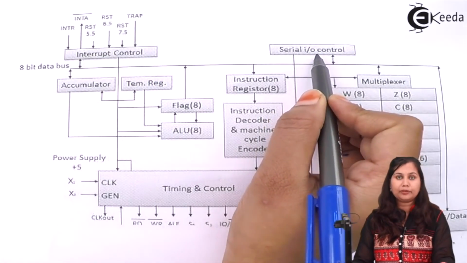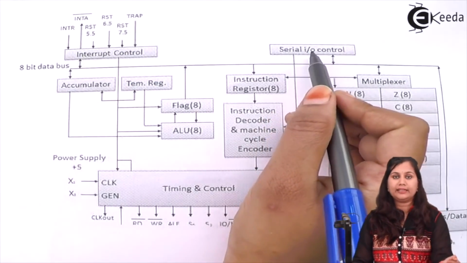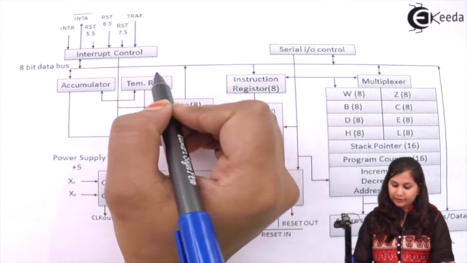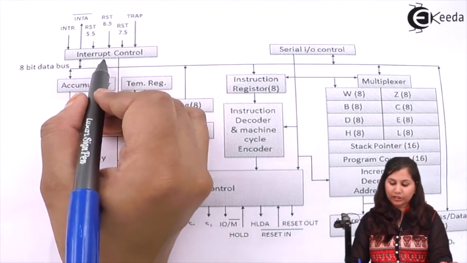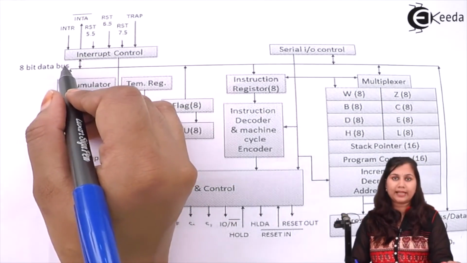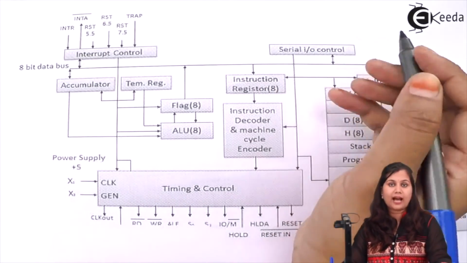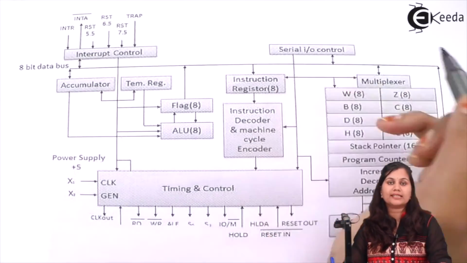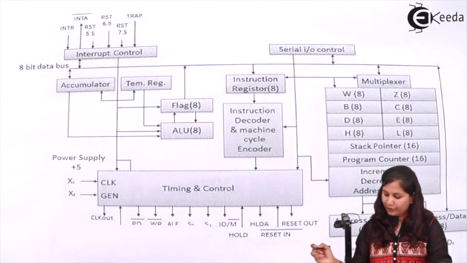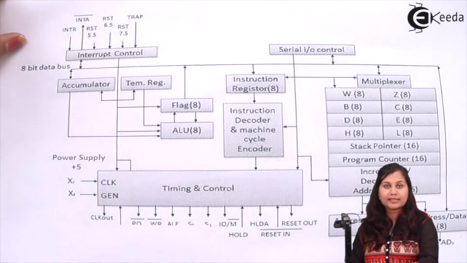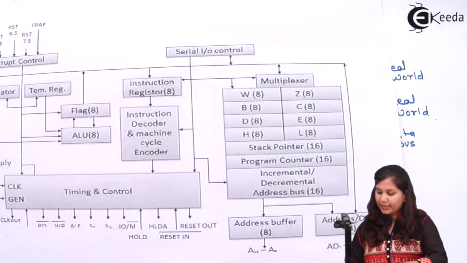Interrupts and serial input-output control we will study in later videos: what are the various types of interrupts in the 8085 microprocessor, what are the signals, and how the microprocessor performs serial input-output communication. Here we have the address buffer and the address and data bus.